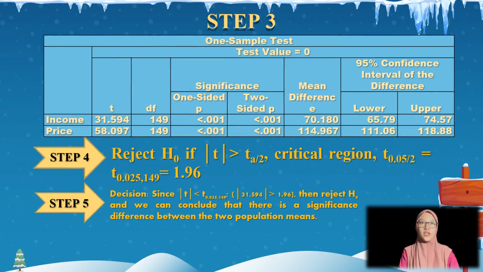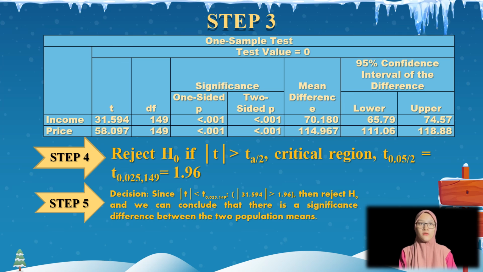Step 3, we show the table that has been obtained from SPSS. Step 4 is to reject the null hypothesis if t is more than t alpha over 2. After the calculation is done, we find that the critical region of t is 1.96. Finally, step 5 is done.